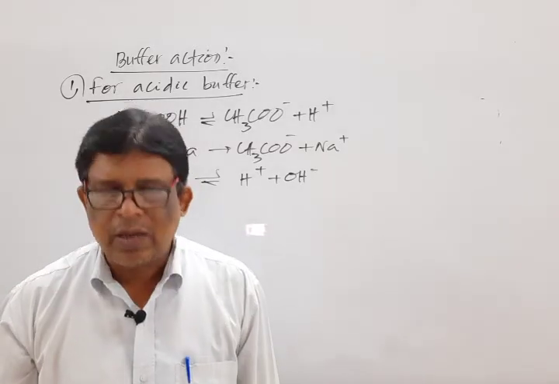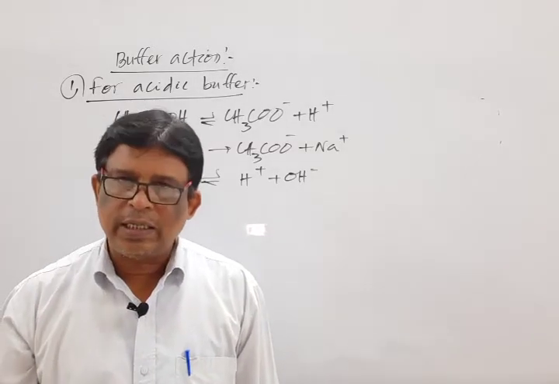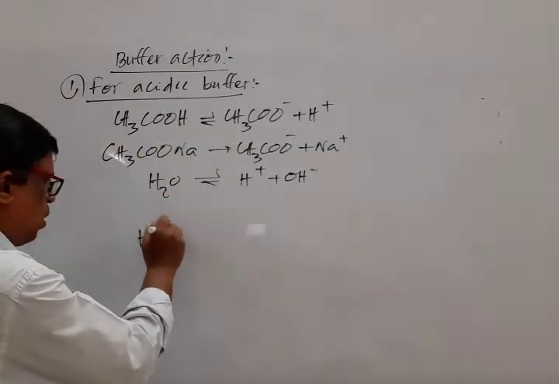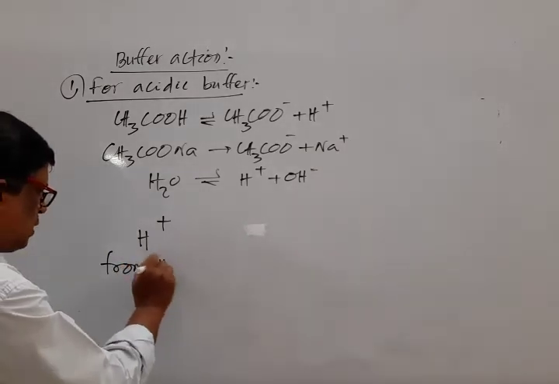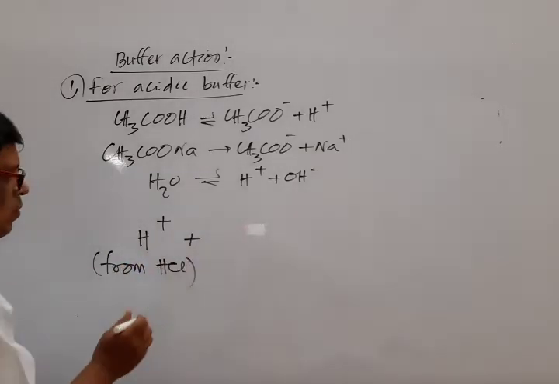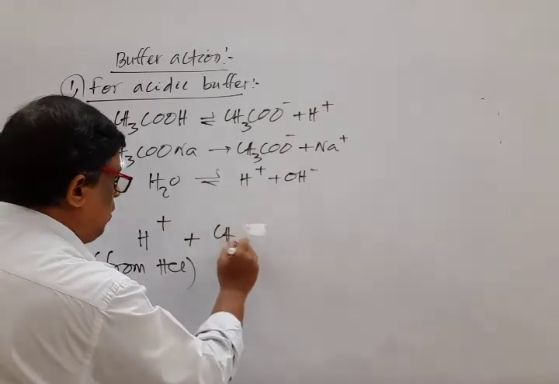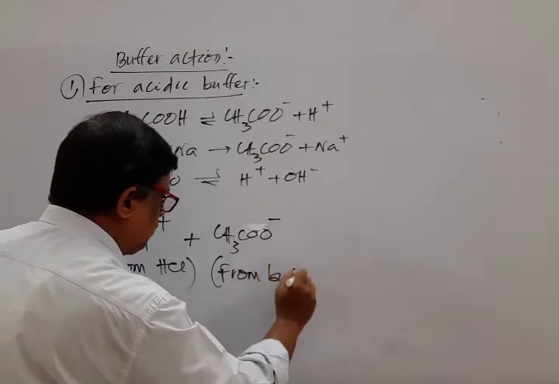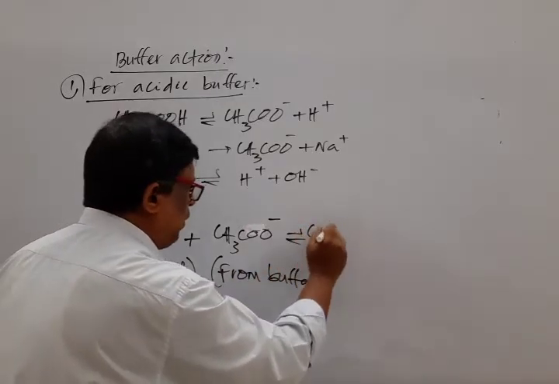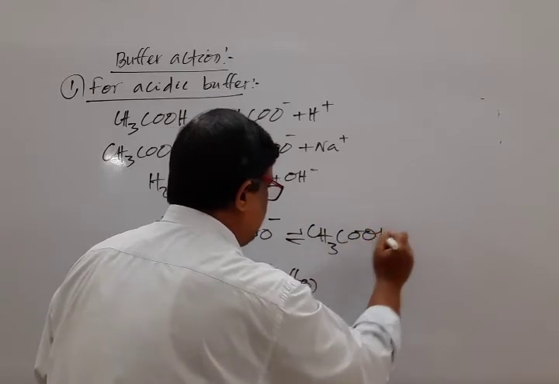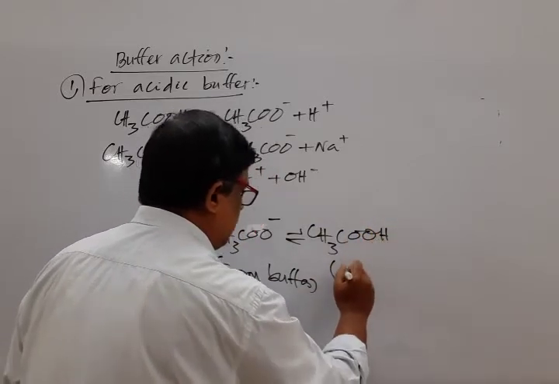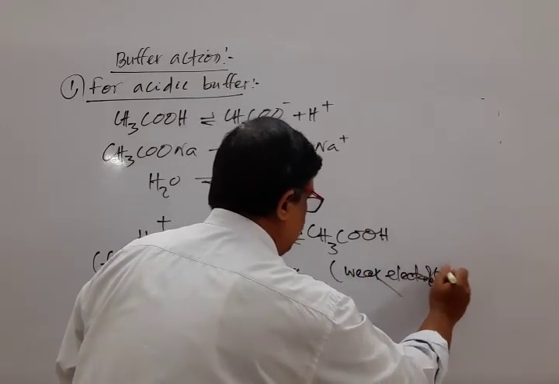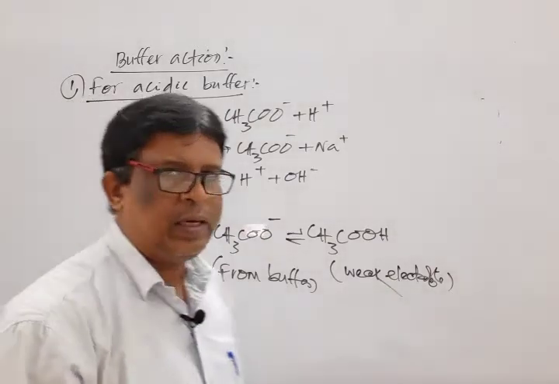So first let us add a few drops of strong acid, that is HCl. When we add HCl, the H plus ion from HCl combines with acetate ion from the buffer, forming acetic acid, that is a weak electrolyte, keeping the pH the same.